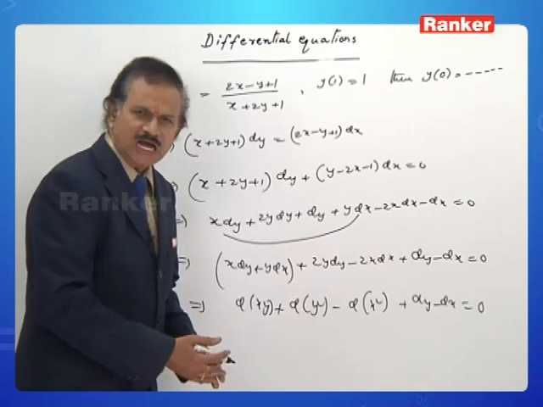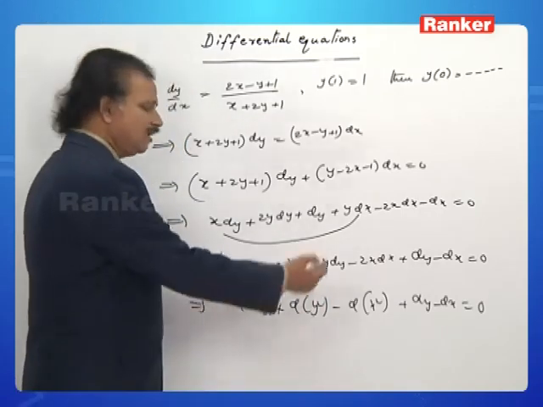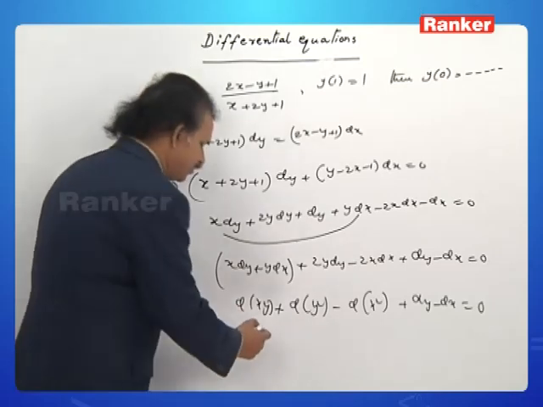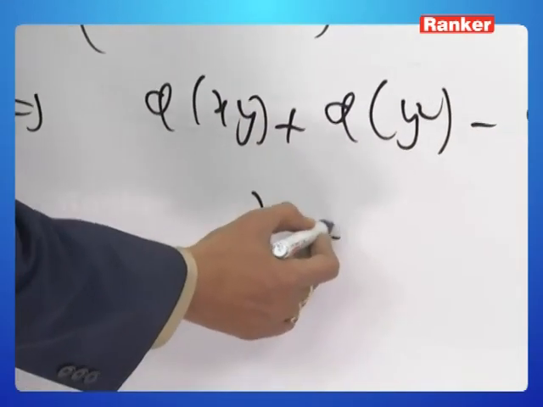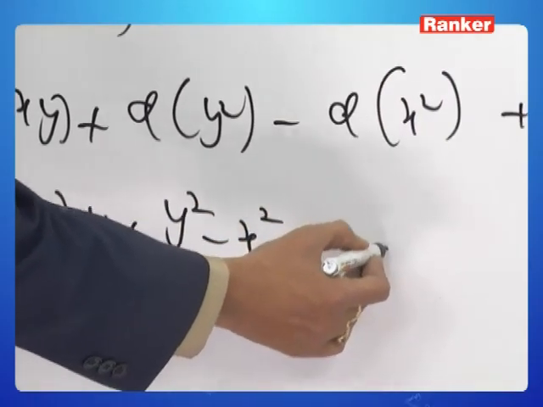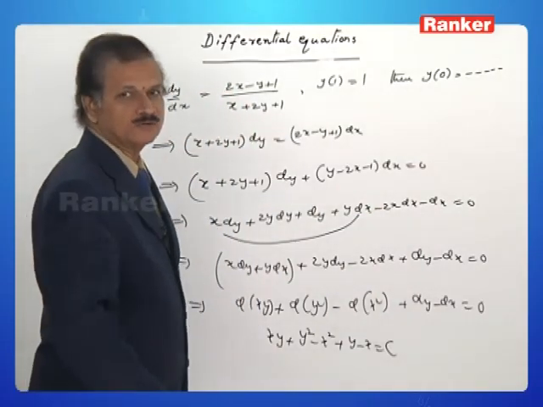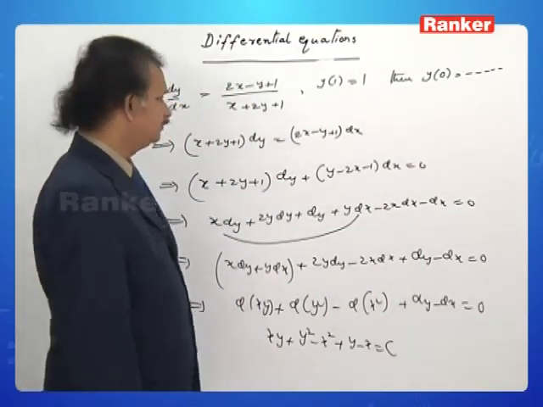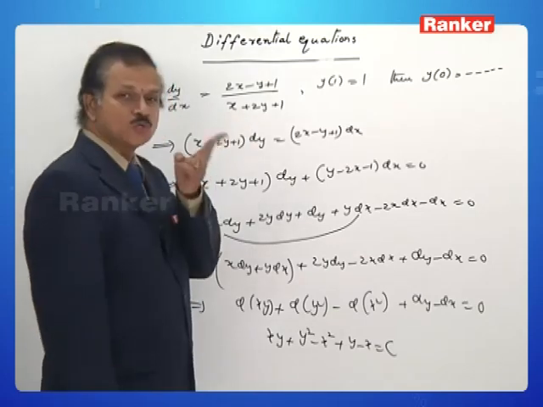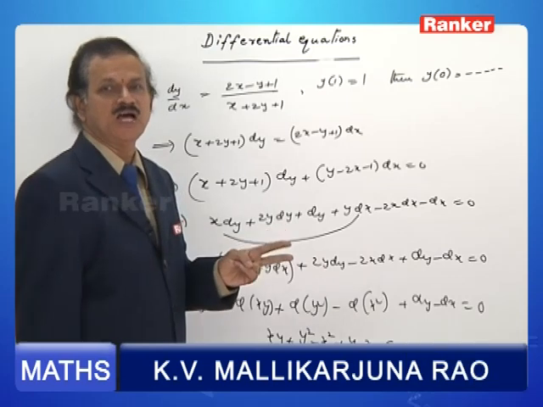And as the next step, which is the straight answer on integrating, what are you going to have? xy plus y square minus x square plus y minus x is equal to c. Well, my dear, here there are two pieces of responsibility laid on our shoulders.